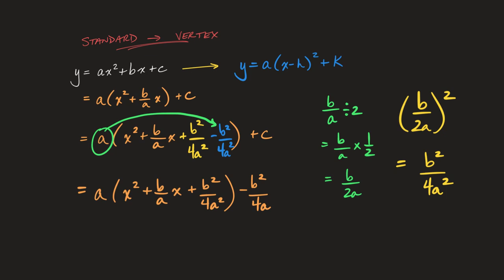Now, you might look at that and you might go, hey, wait a second, Gray, you forgot the squared. Can I just get you to look down in red at the bottom right? I took a and I multiplied it by b squared over 4a squared. What that means is I can cross-reduce out my a. So I didn't forget to write down that a. I actually just reduced my fraction in one go.